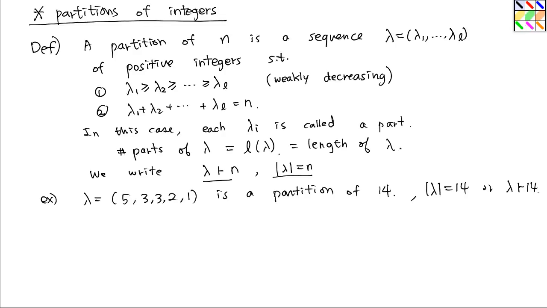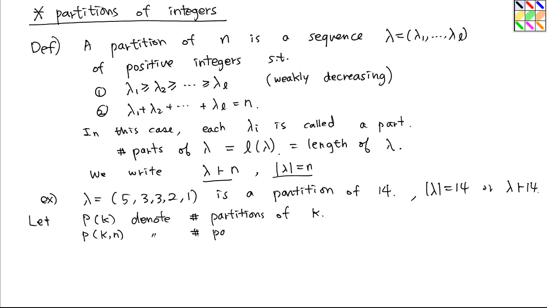And let P of k denote the number of partitions of k, and P of k comma n denote the number of partitions of k into n parts.